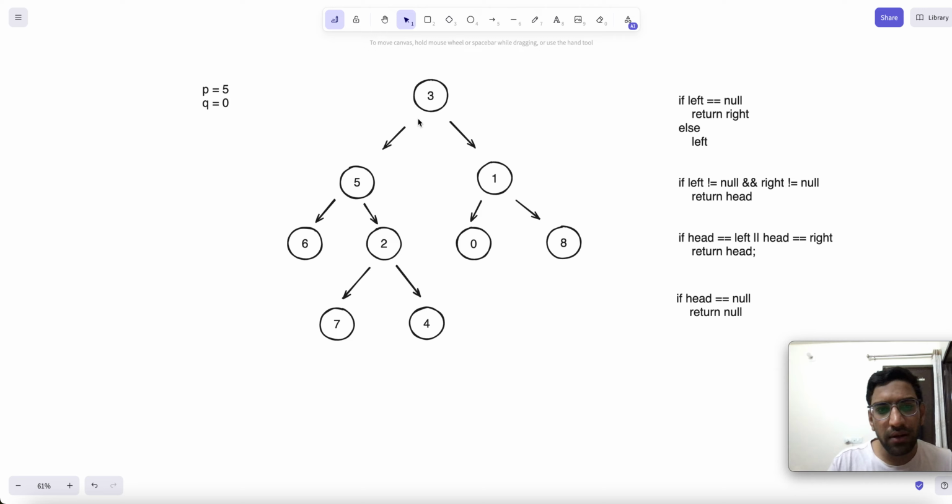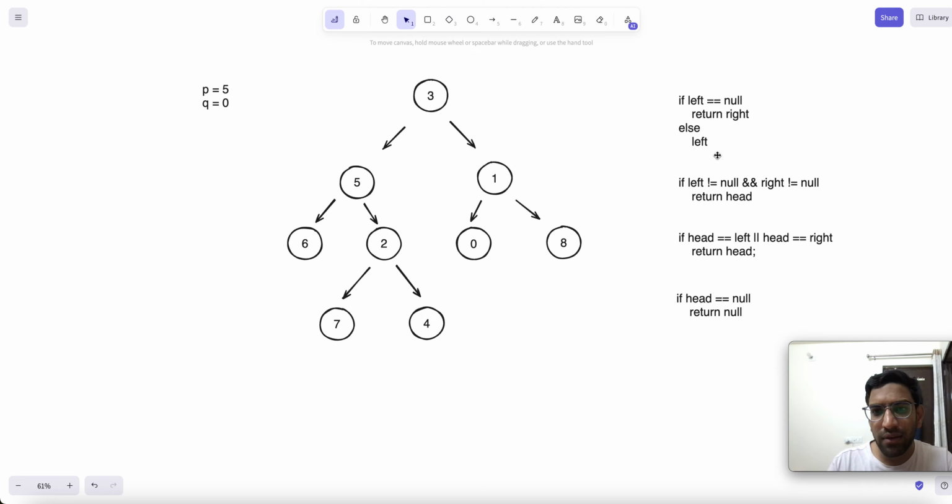So we have this binary tree, and we need to remember a couple of conditions to solve this problem. One condition: if at any point we reach a leaf node of our binary tree, we will return null.